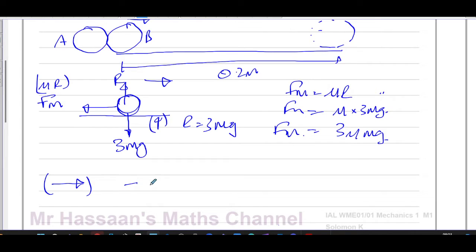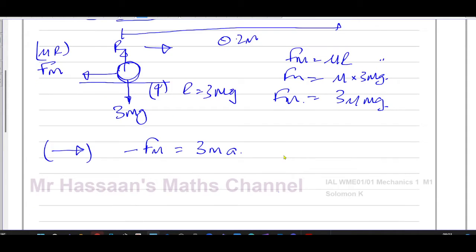It's minus F max, the only force acting on it, and that's equal to mass times acceleration, which is 3 times m times a. That's the resultant force acting on this object.